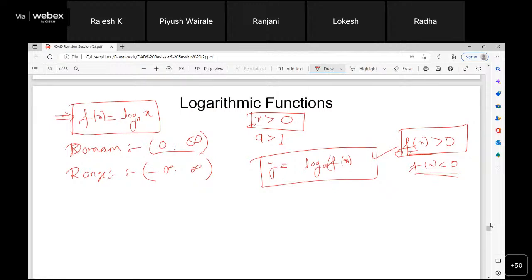Yes, a composite function. So what I mean to say is, suppose instead of any x or any number, it is mentioned like this: minus x square minus 3x plus 9. Then this function must be greater than 0, and only then is the whole function valid, right?